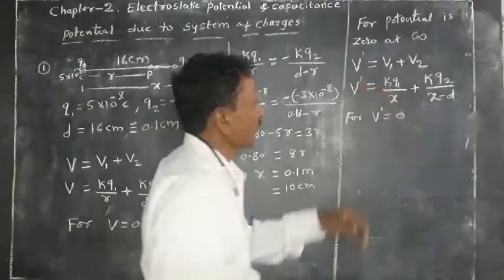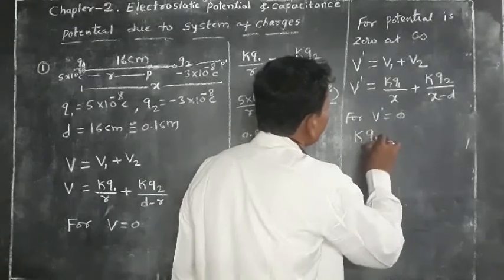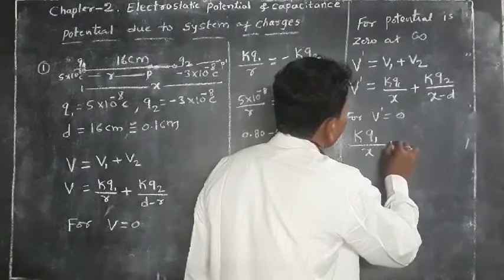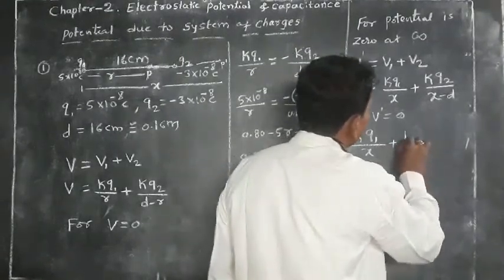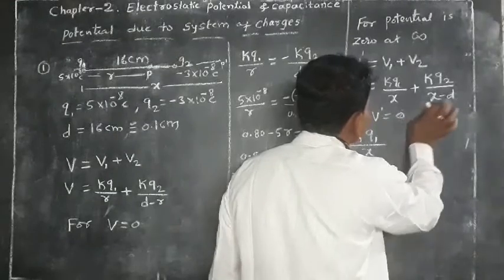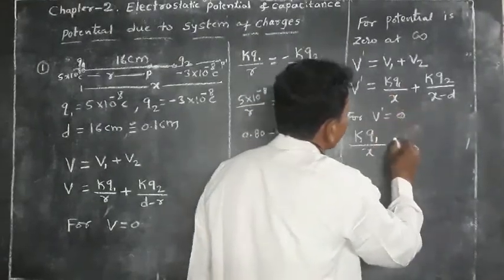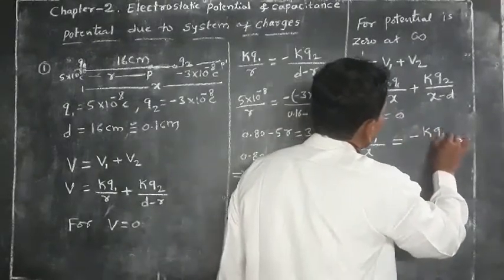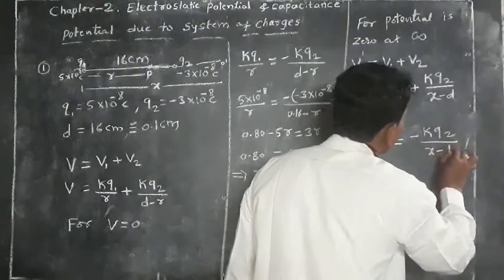Therefore, this equation can be written as K Q1 upon x plus K Q2 upon x minus D. If Phi dash equal to 0, K Q1 upon x is equal to minus K Q2 upon x minus D.